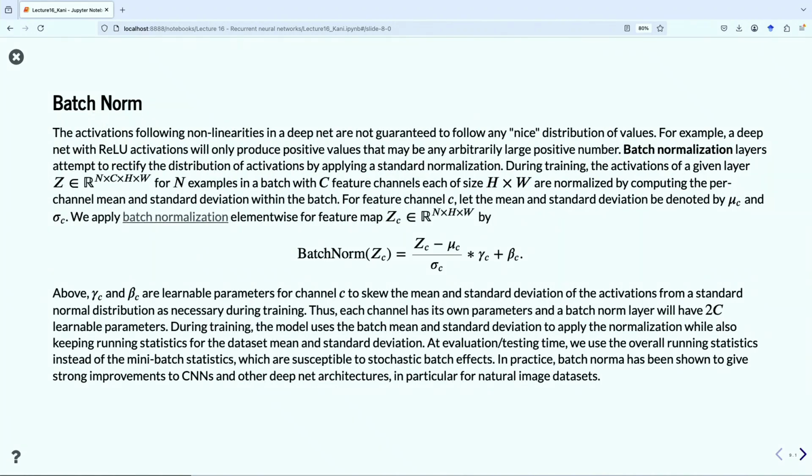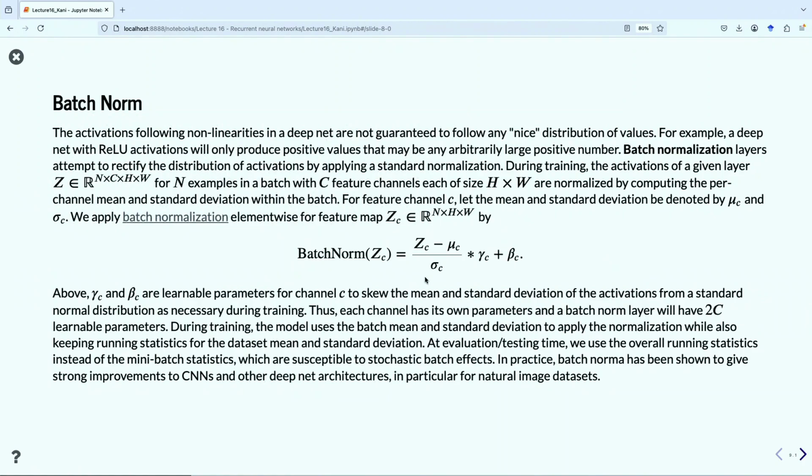So what you could do is simply normalize the outputs at each layer so that they follow the standard normal curve. And that's what batch normalization is. If you have a particular feature map, height times width times number of channels, you calculate the mean of the feature map and the standard deviation of the feature map.